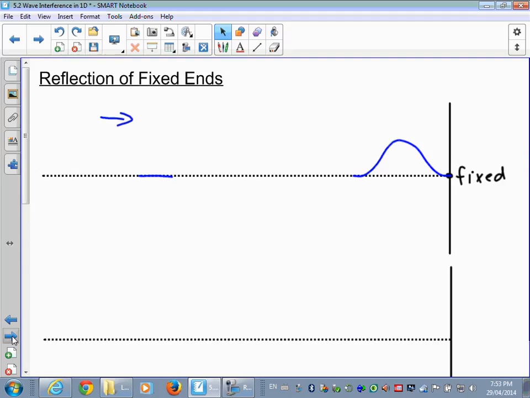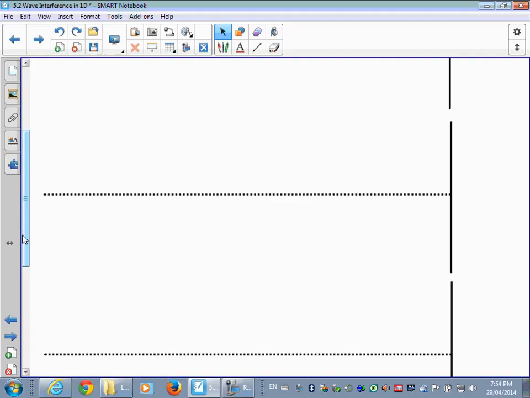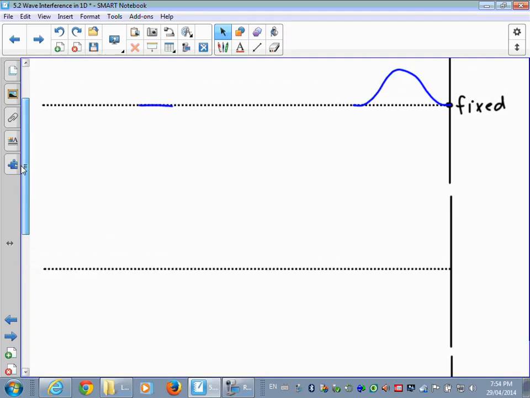Okay, so let's move down to the next line over here. So this first point is where the pulse starts to hit the end. Now let's imagine that the pulse hits the fixed end and wants to go straight through, because that's really what it wants to keep doing.